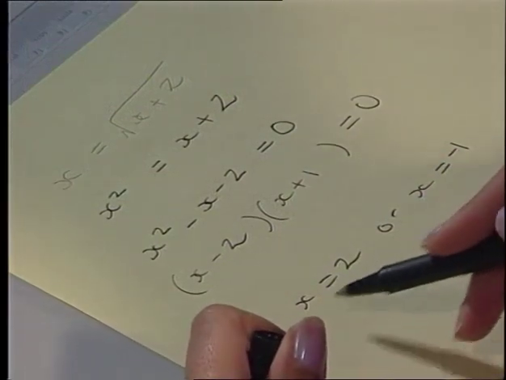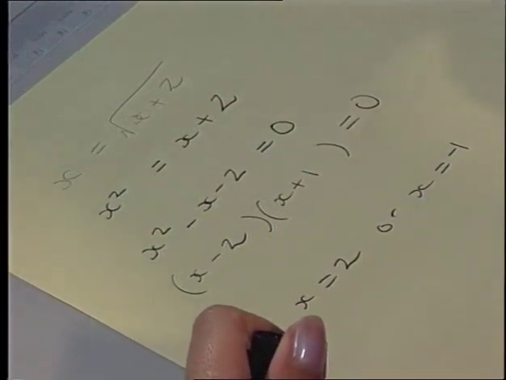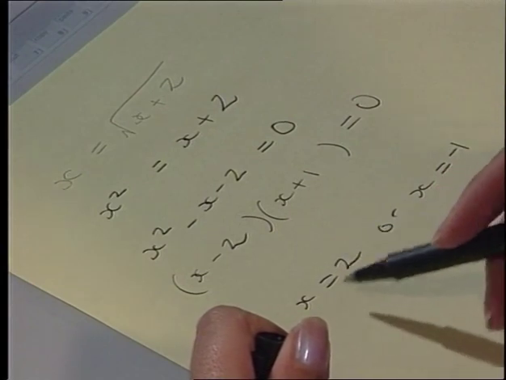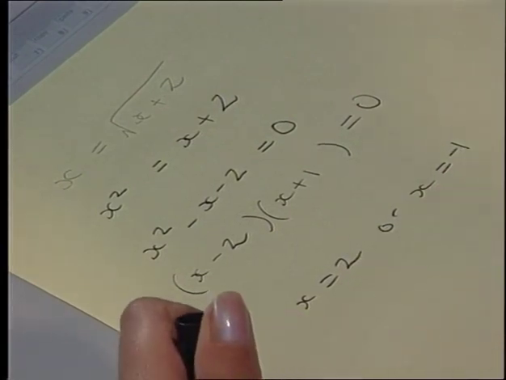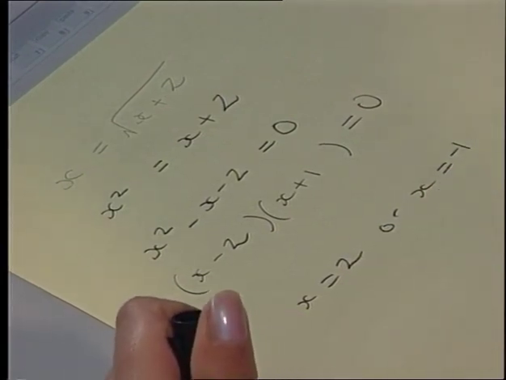OK. Remember, when you use the square root sign, then the answer is always positive or 0. It's never negative. So, going back to my original problem, only x equals 2 is a solution because only 2 is positive. So where did this incorrect x equals minus 1 come from?